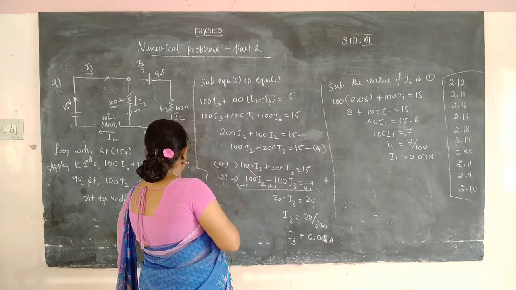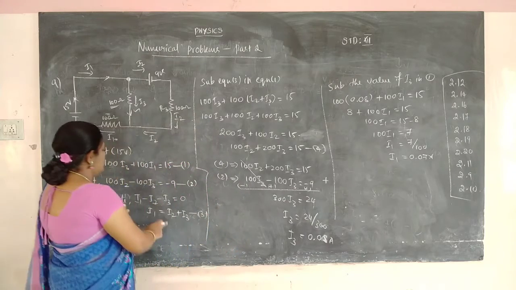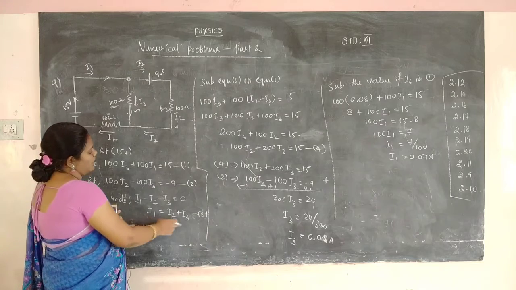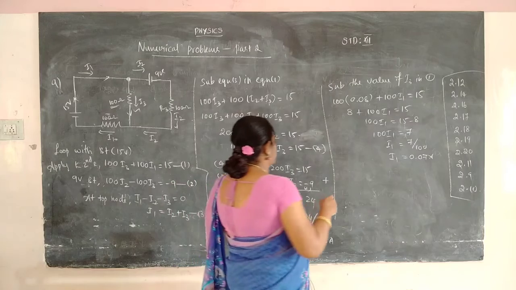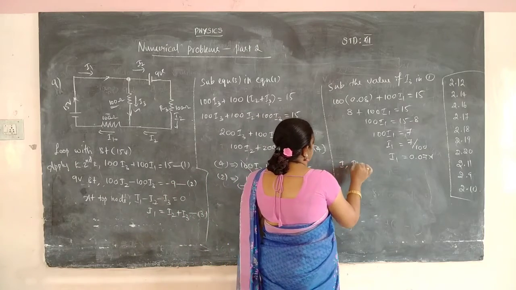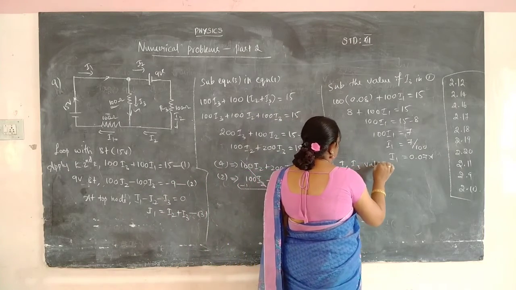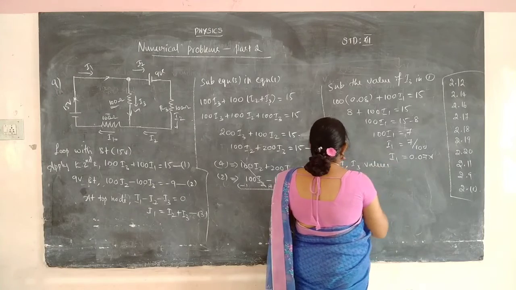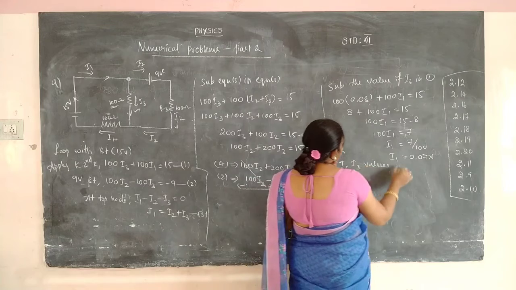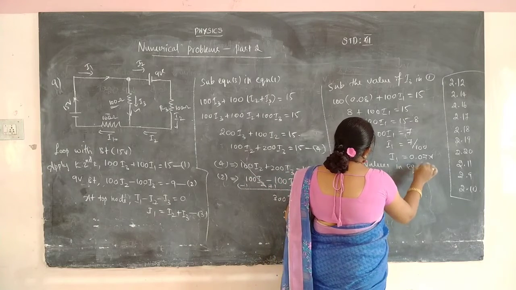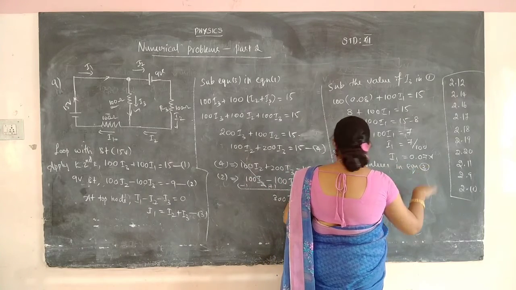Okay. So we want I2. I1 value we know, I3 value we know, so we can easily find I2. Substitute the I1 and I3 values in equation 3.